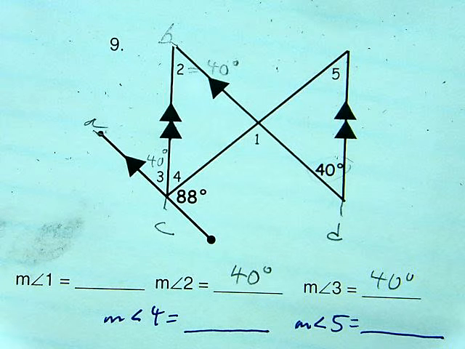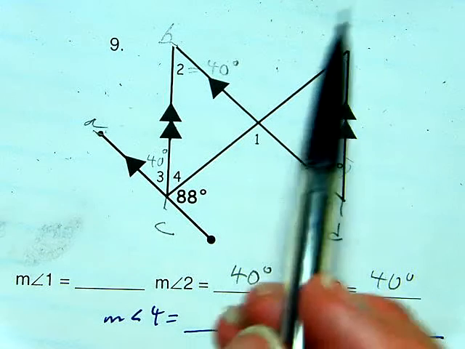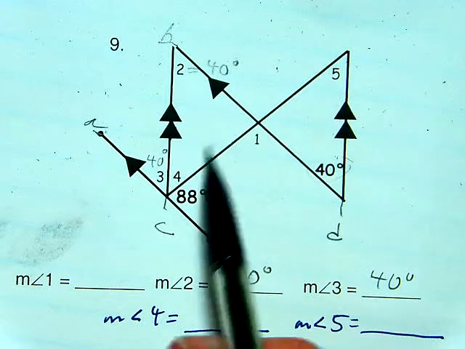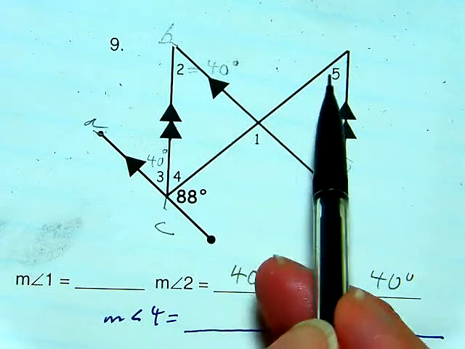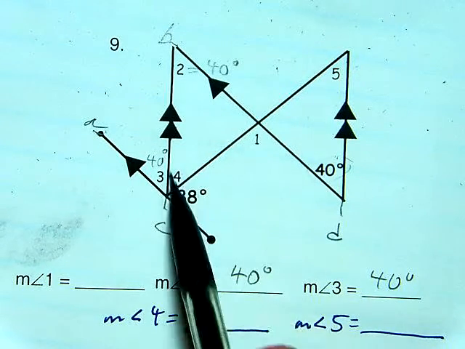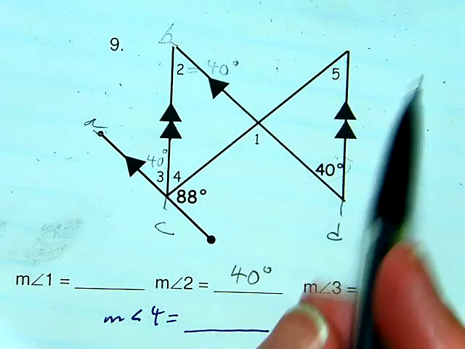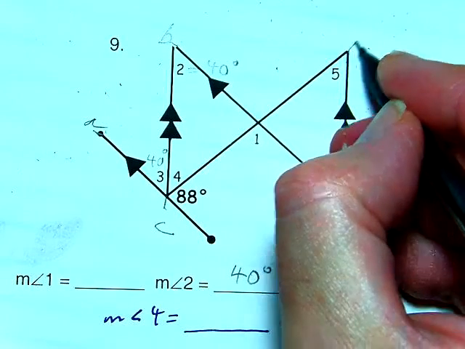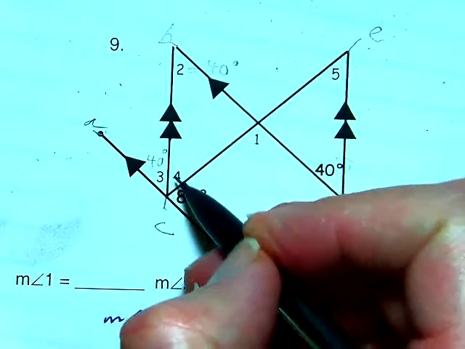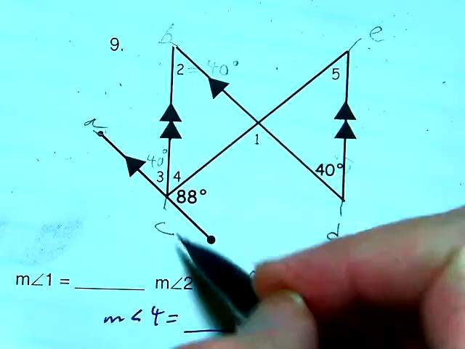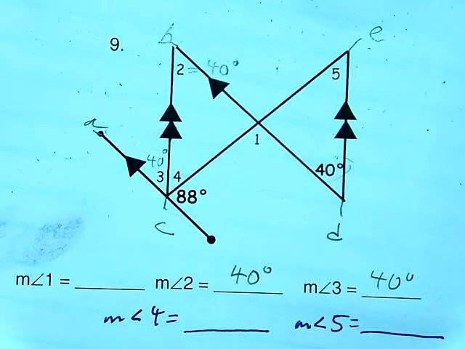Well, one thing you might have noticed is that angle 5 is congruent to angle 4. They are, after all, alternate interior angles, right? If we call this line E, that would be the common transversal between the 2, and line C and D would be the parallel lines. But since we don't know angles 4 or 5, we'll just have to keep that in the back of our mind. Is there any other thing that we notice here?